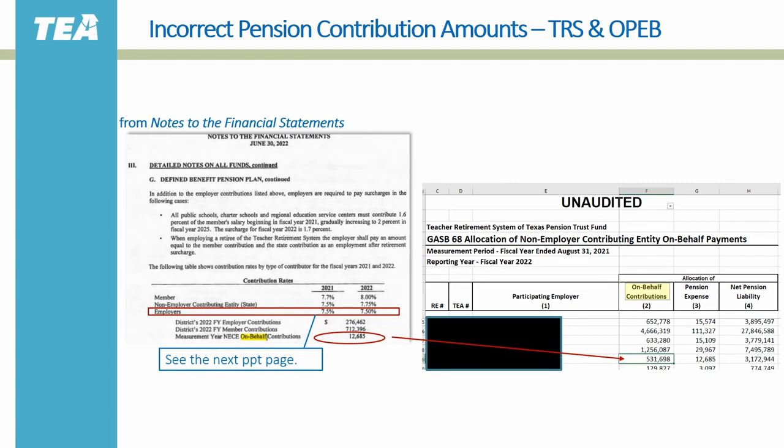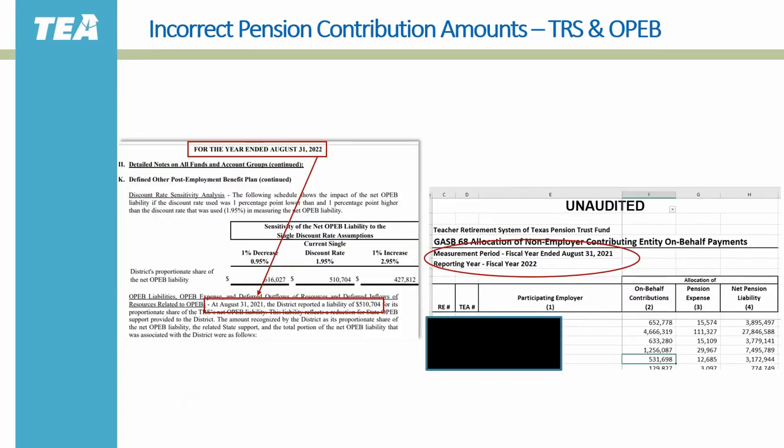However, on the right-hand side, you can see the amount reported was 531,698, and these two amounts are different significantly. It appears that the school district reported the pension expense amount instead of the unbilled contributions amount in their AFR.